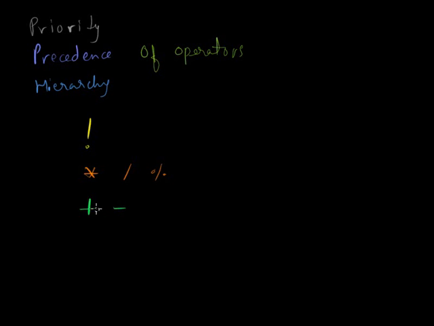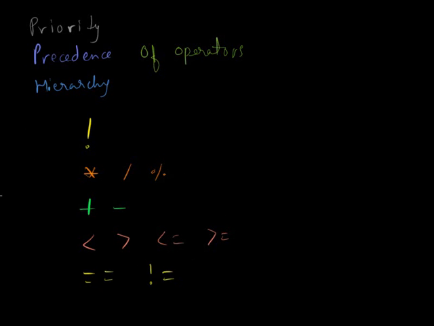In the fourth level of hierarchy, you have relational operators: less than, greater than, less than equals to, greater than equals to. After that, you have relational equality, double equals to, and relational inequality.